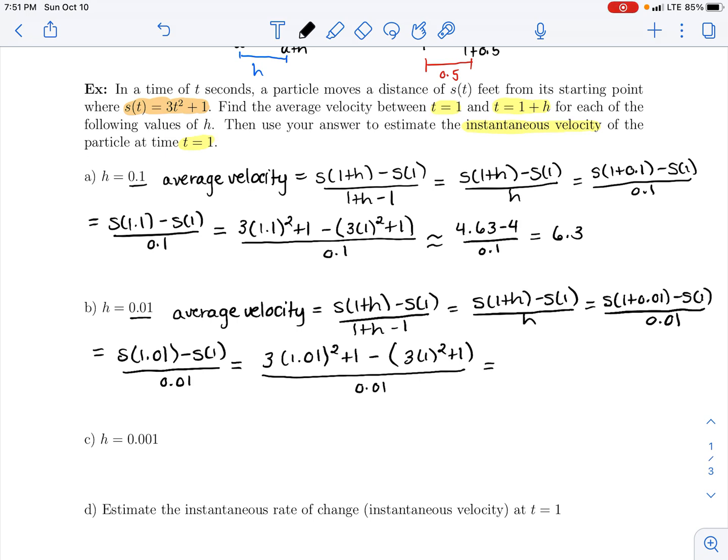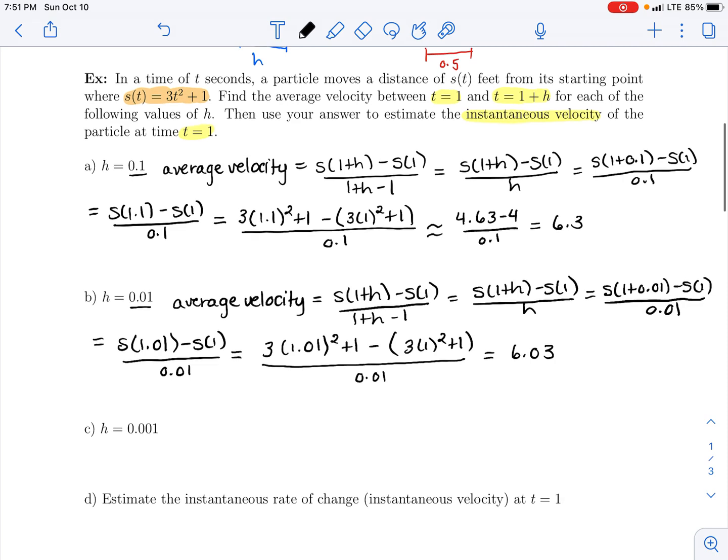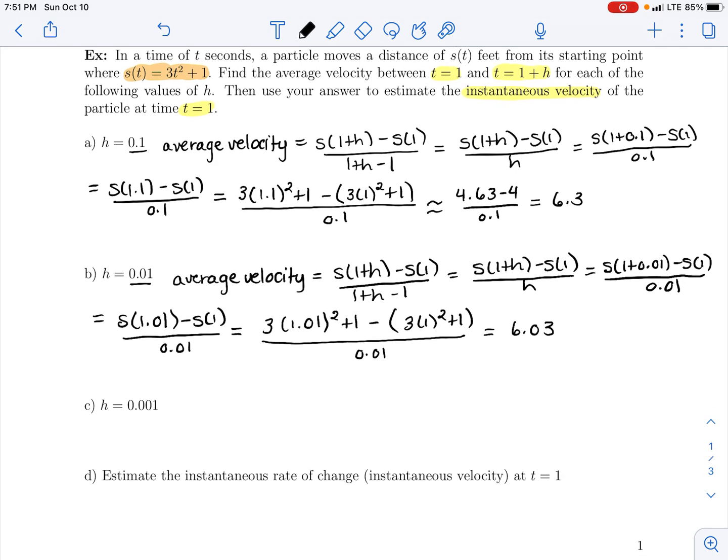Okay, and then when I compute this, this gives me 6.03. Okay, and then I'm not going to do it again for part C, but it's the same idea, except now my h value is getting even closer to 0, right? It's getting even smaller in this case because it's 0.001. And so the average velocity here you would get is 6.003. So let me just write that down. So when you actually do this out, you should get that this is approximately 6.003.